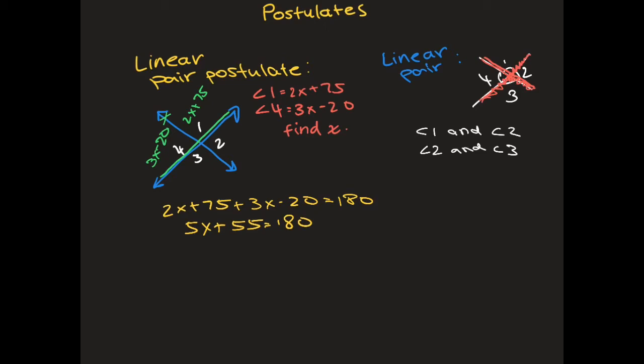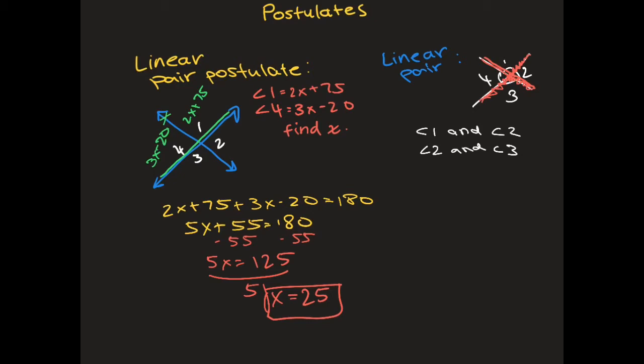Then we isolate x: minus 55, we get 5x equals 125, divide by 5, and x is equal to 25. The only confusing part about this postulate is knowing when it's a linear pair, and knowing that you have to set it equal to 180. That's all it is.